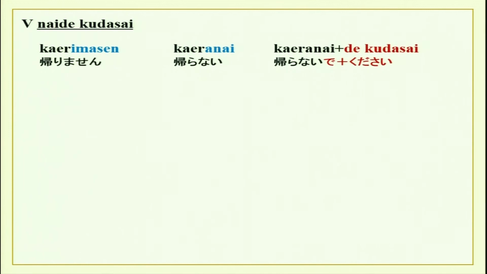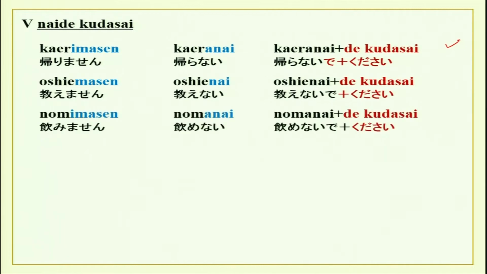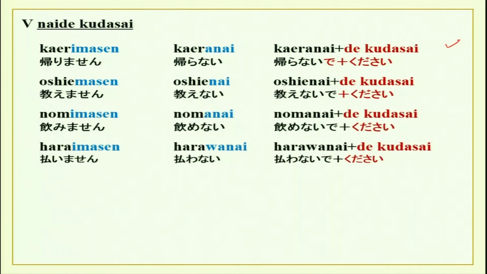You can see over here also kaerimasen, kaeranai, and kaeranai de kudasai. Please do not return. Oshiemasen, oshienai, oshienai de kudasai. Please do not teach. Nomimasen you already know. Haraimasen, harawanai, and harawanai de kudasai.